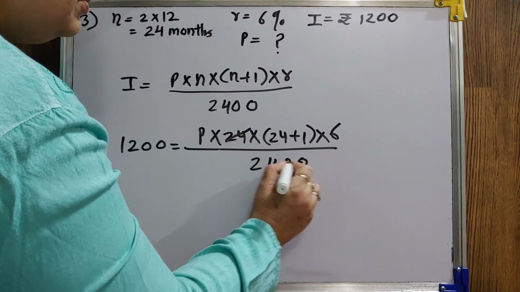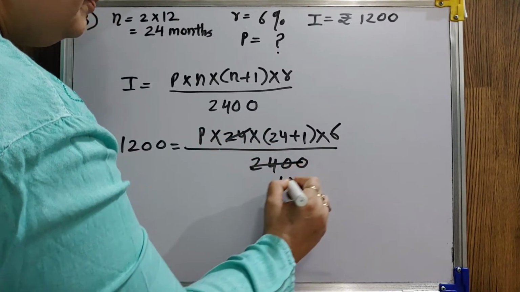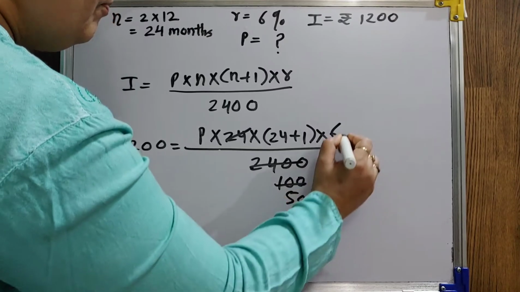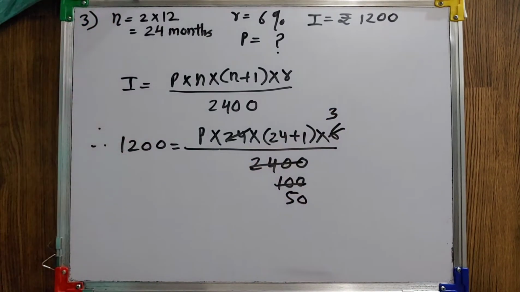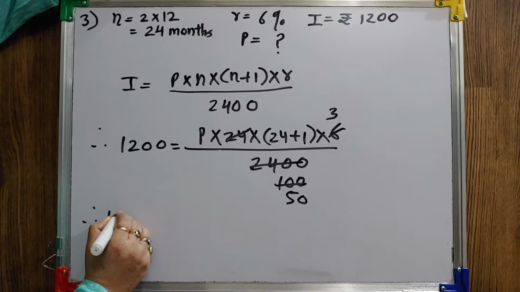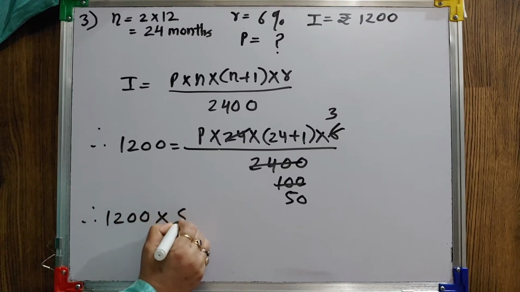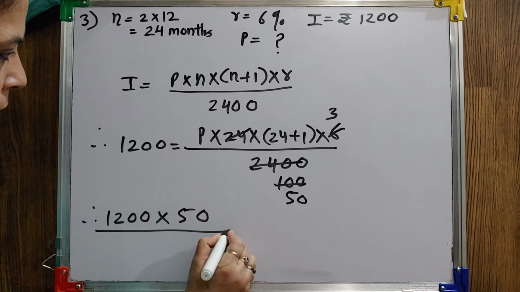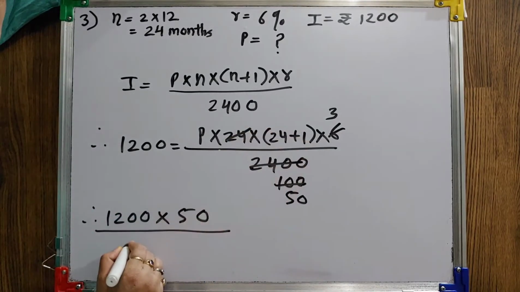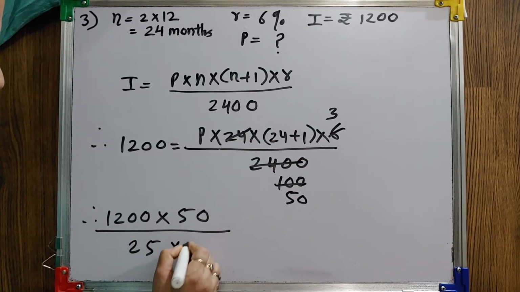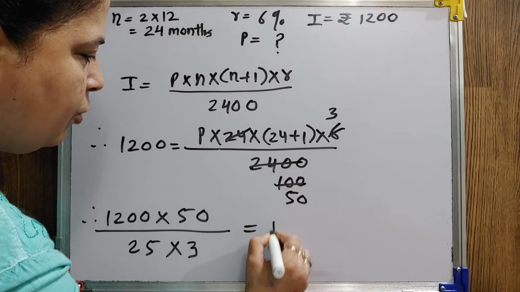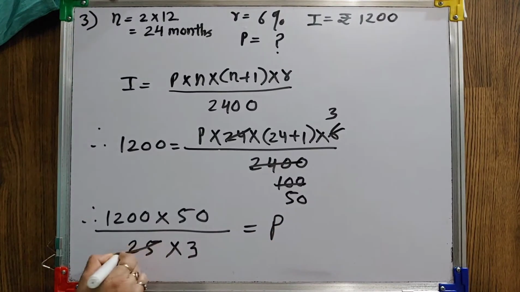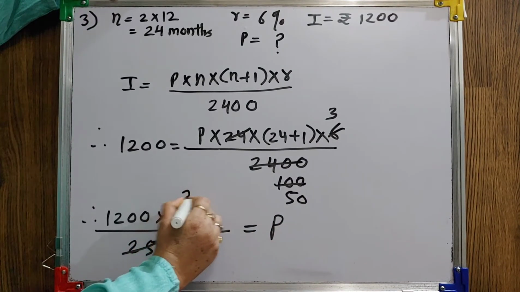When I reduce, now I can transfer everything this side. So 1,200 into 50 upon this 25 into 3 will give me the monthly installment.